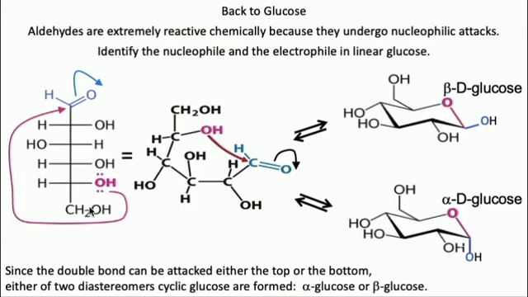This occurs because the nucleophilic attack of oxygen 5 on the aldehyde group can either occur from above the ring or from below the ring, which will push the hydroxyl group either up above the ring of the glucose or down below the ring of the glucose.